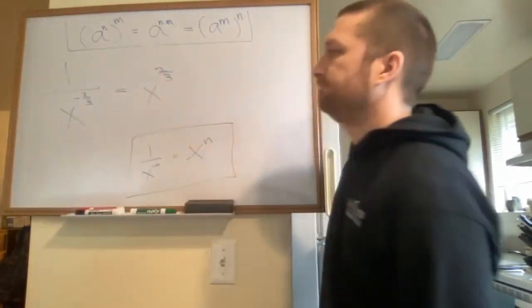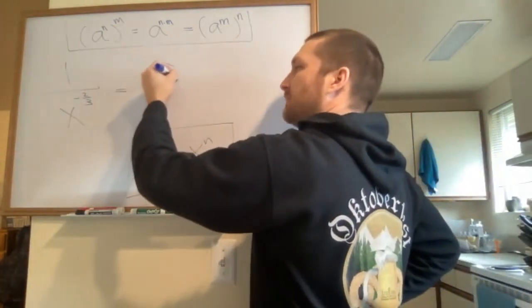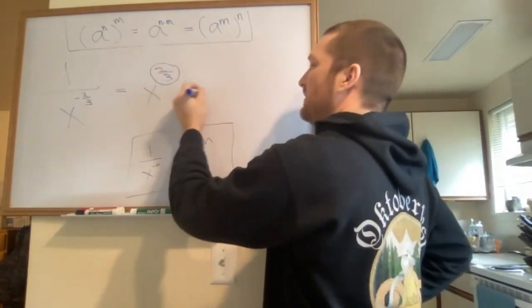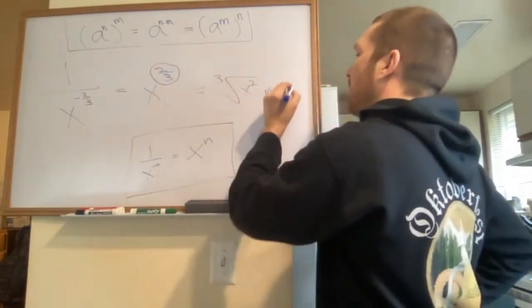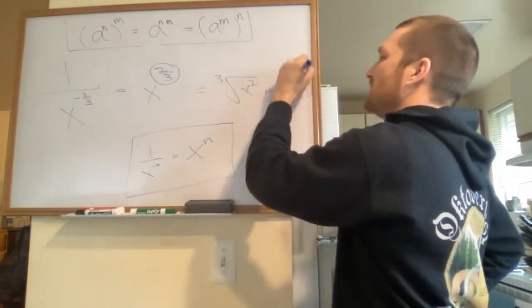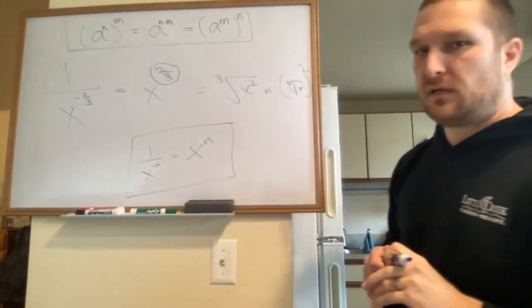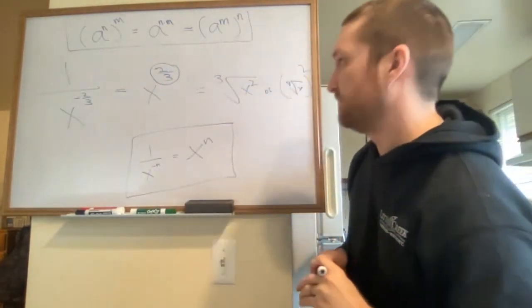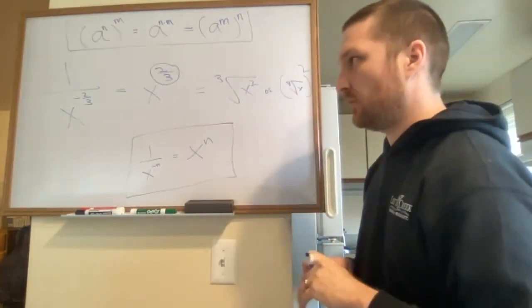There you go. That's all it is, because it says to write it with a positive exponent. It's not asking you to then say cube root of x squared, or cube root of x and then square it. It just says write it with a positive exponent. And that's all it wants you to do. It's that straightforward with these guys.